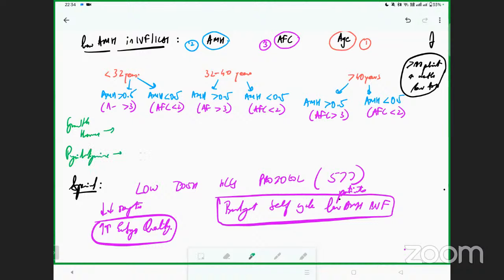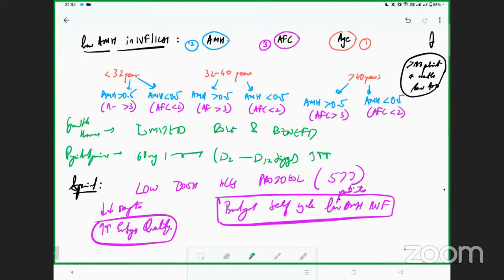I think pyridostigmine 60 mg tablets taken twice a day from day 2 of stimulation till day 12, basically till the day of trigger, has a much better effect as compared to growth hormone stimulation. This is my personal opinion that growth hormone has extremely limited role and benefit. If you want to exploit the role of growth hormone, then you can start using pyridostigmine. Much more cost effective, much more safe.